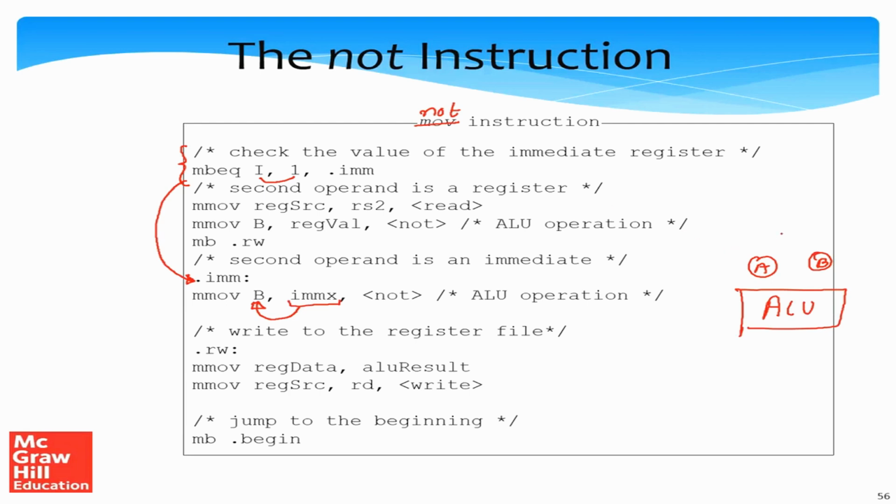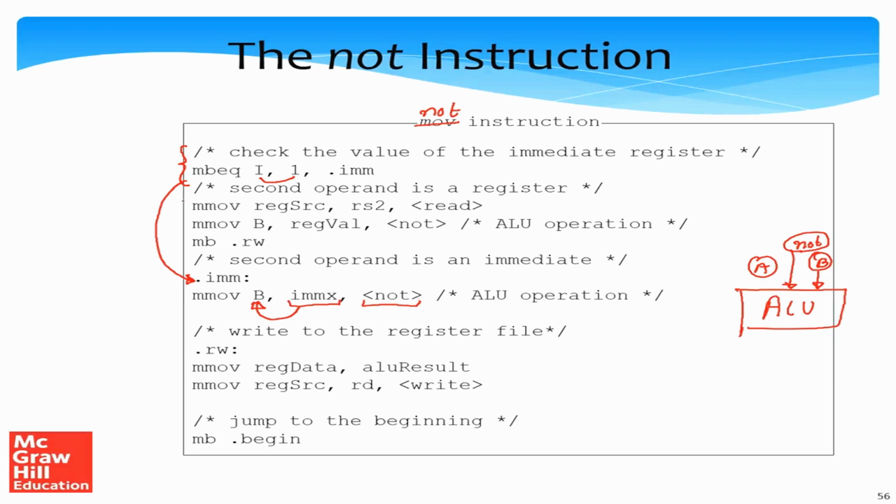So we'll do the same over here. We'll populate the B micro register. It will send its contents to the ALU. And since this is a single operand ALU instruction, we can in parallel initiate the ALU operation as well by sending the NOT ALU instruction on the bus. So the ALU in one cycle will be ready with its result.